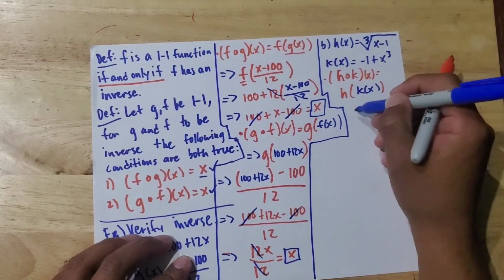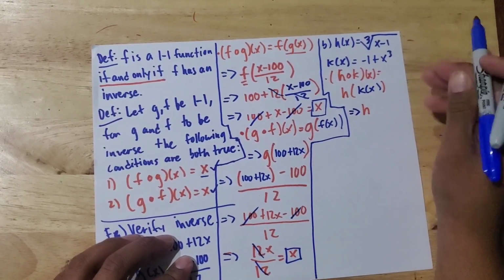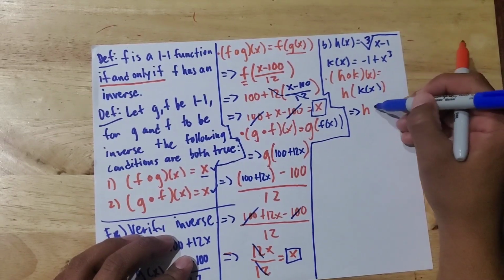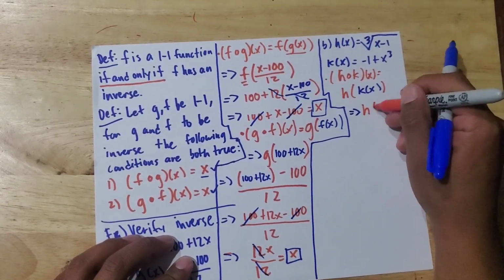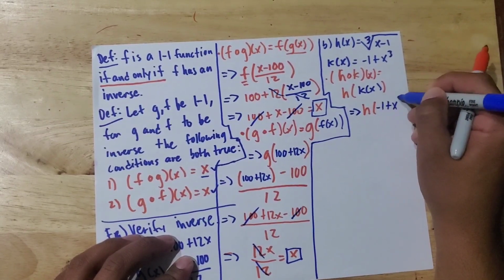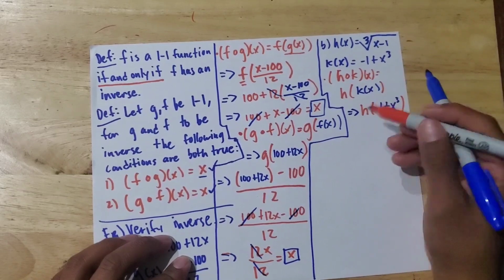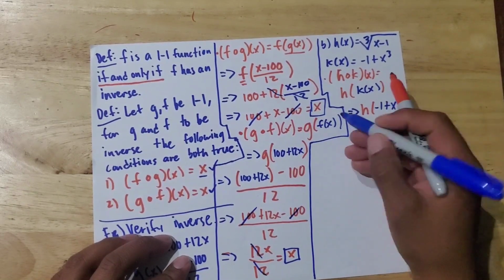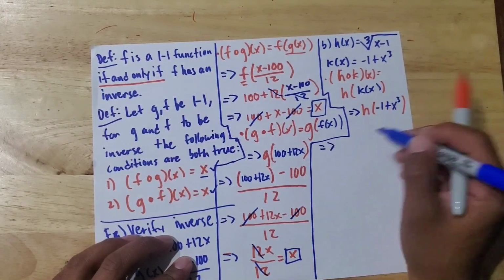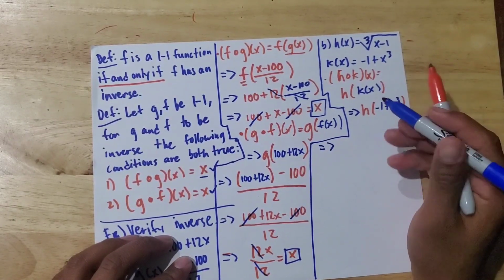That's what this is telling us. And we know k of x is negative 1 plus x cubed. And now wherever I have my x for h, I'm going to replace this with negative 1 plus x cubed.